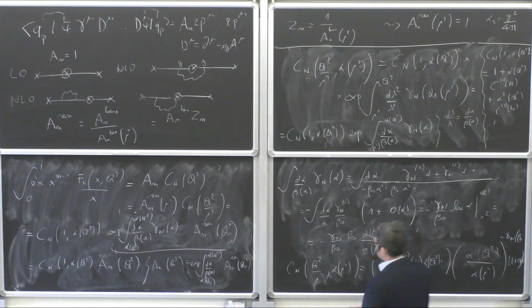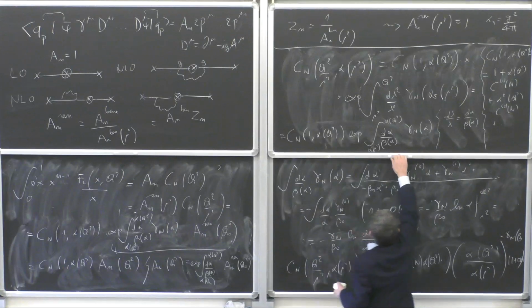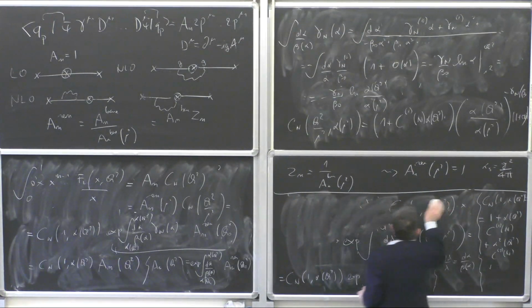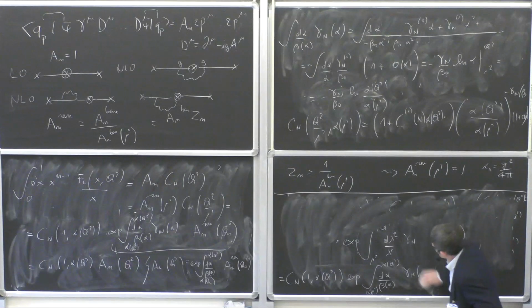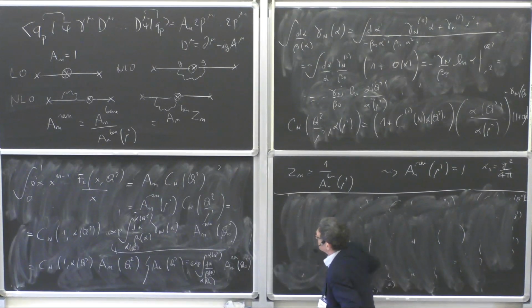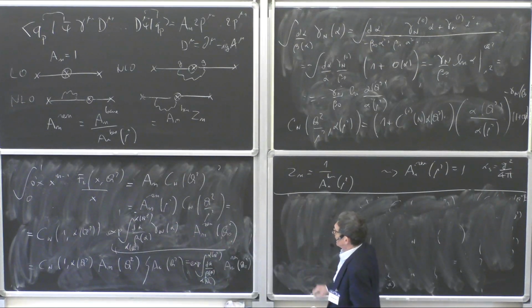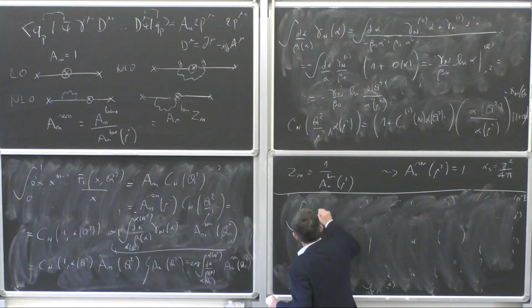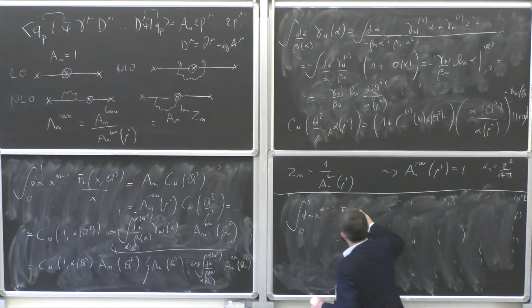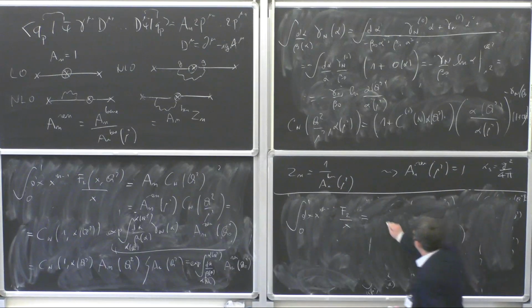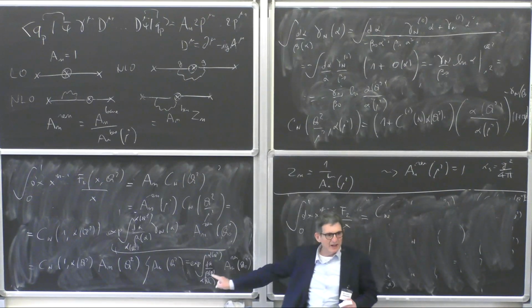So the final conclusion of this argument is that I end up with a new expression for my structure function, this one here, where the nth moment, n minus 1, 0, 1, of the observable physical structure function F2 divided by x is actually given by a coefficient function which is just a series in alpha, okay?